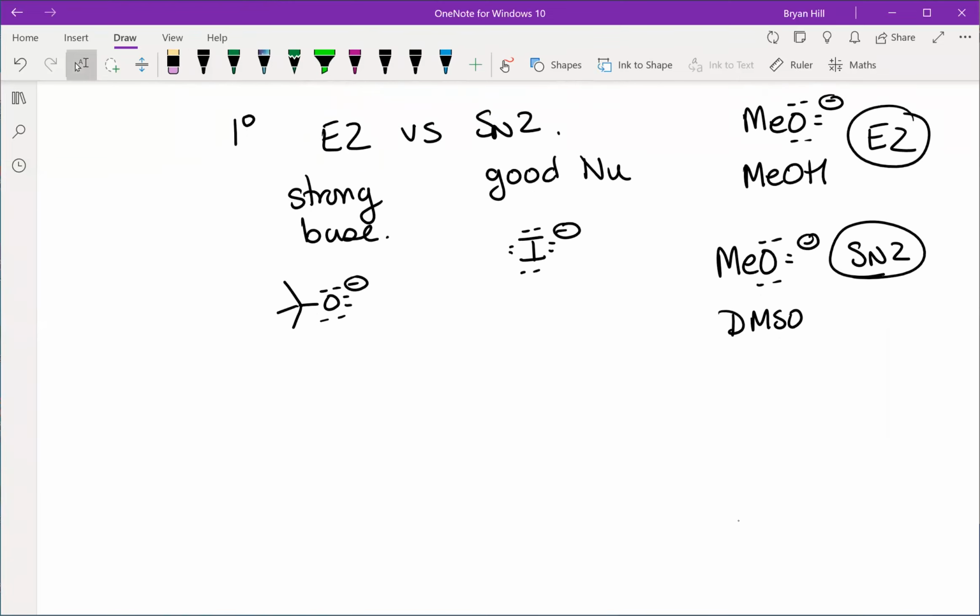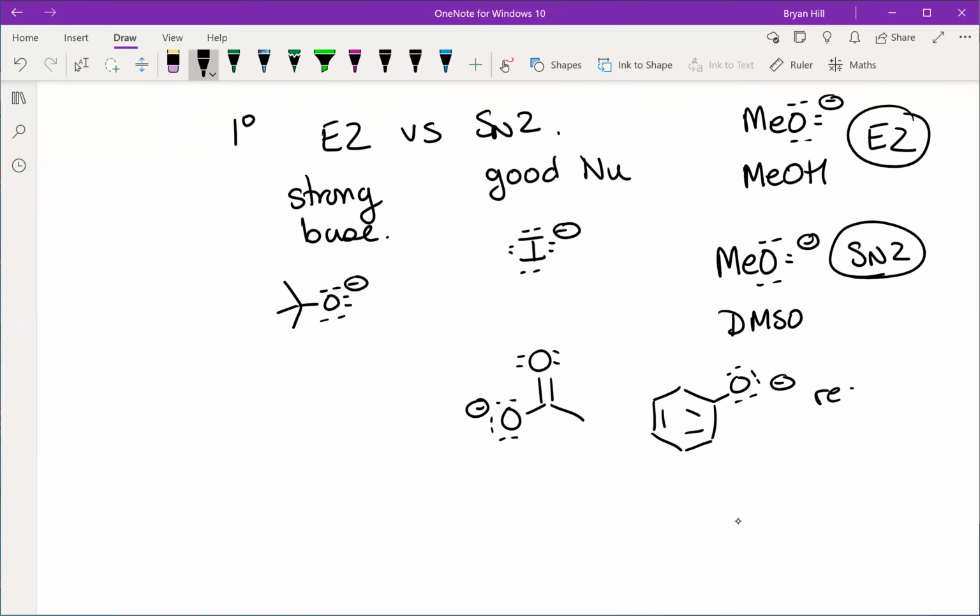With regard to oxygen nucleophiles, a general rule is that weaker bases tend to work as nucleophiles more than bases. Both of these, this phenolate or this carboxylate anion, are stabilized by resonance.